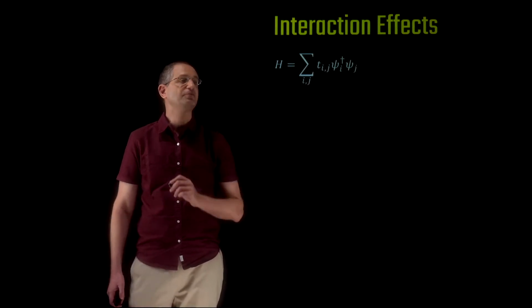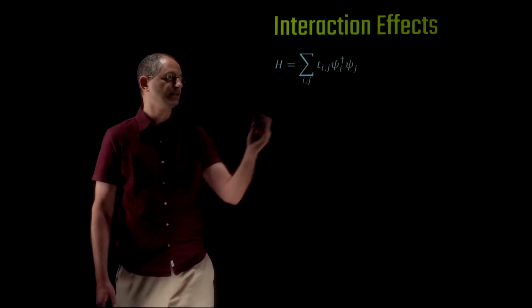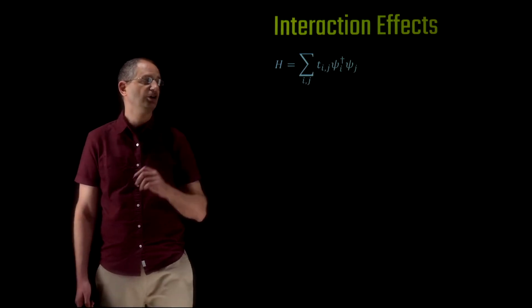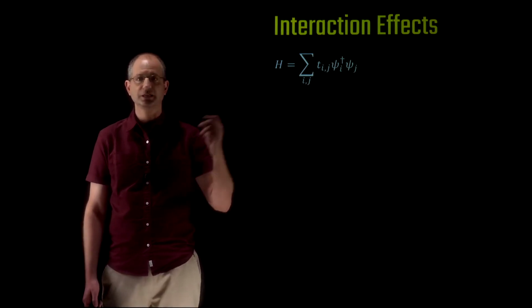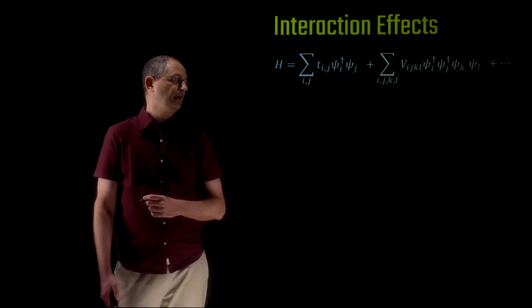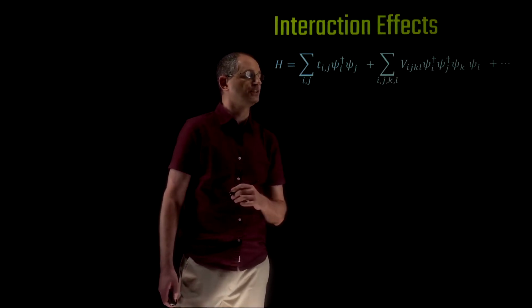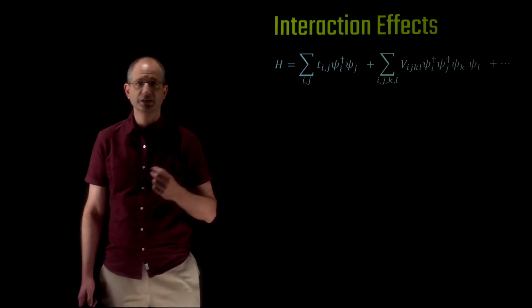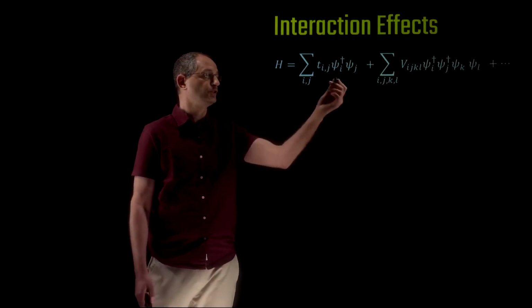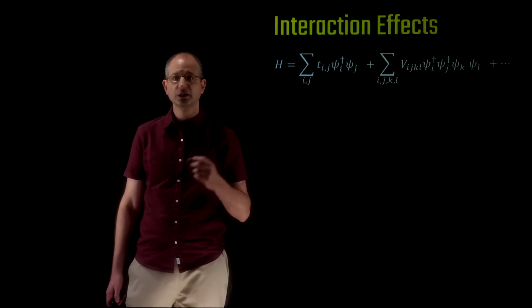So this is the type of Hamiltonian we considered so far. It's a quadratic Hamiltonian of fermions, say electrons. And now we're going to consider higher order terms. So the next order term is going to be a quartic term in the fermionic operators. This corresponds to a two-particle interaction and so forth.